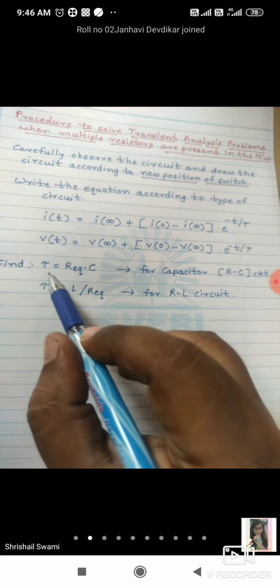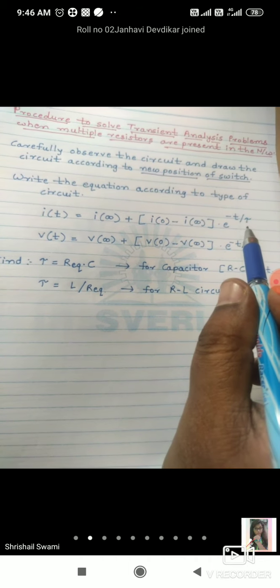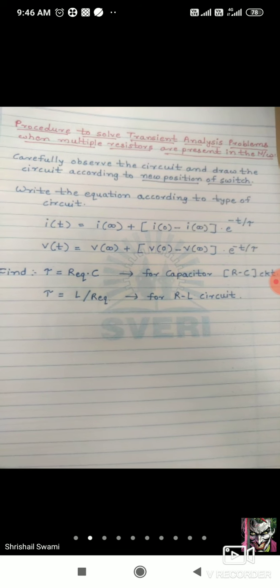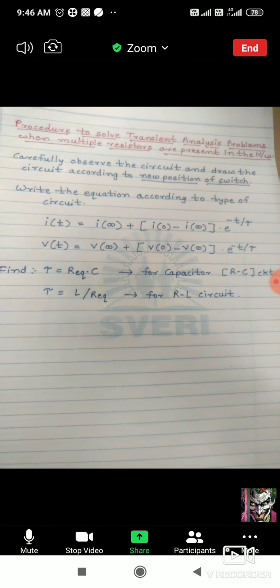So find tau, here R equivalent into C, and after finding tau you can put it here. Okay, wait one minute.